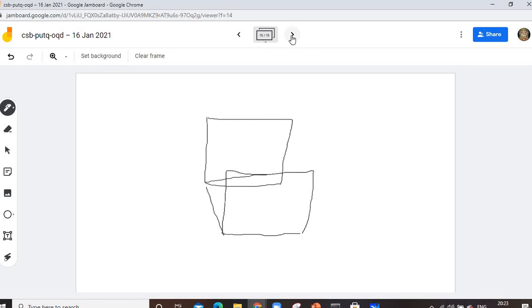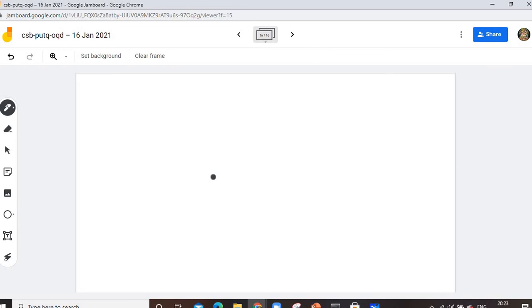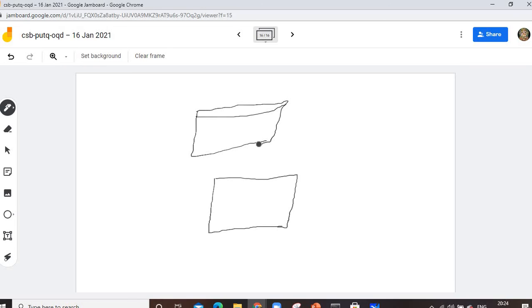No, this is not correct, that was my mistake. Like this, one plane is here, another plane is here, another plane is here, and this is connected here, this is connected here.